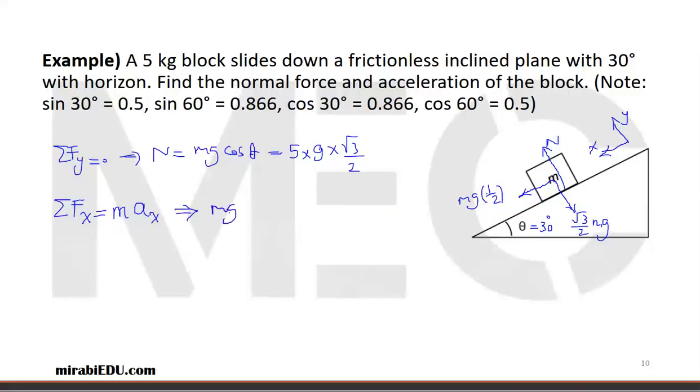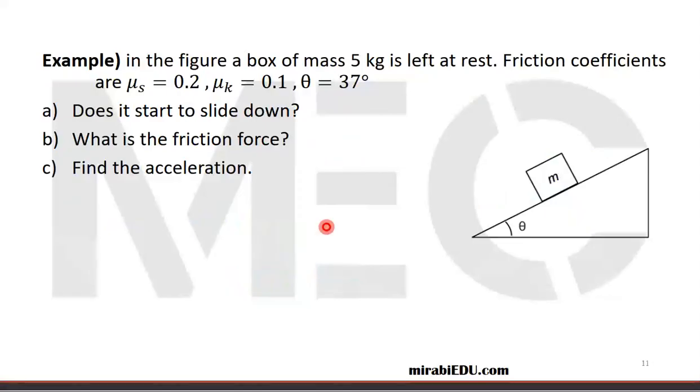So I can say mg sine of 30 is equal to m a of x. Mass cancels away. g sine of theta, or g over 2, will be the acceleration. So acceleration will be g over 2, or half of g. That's it.